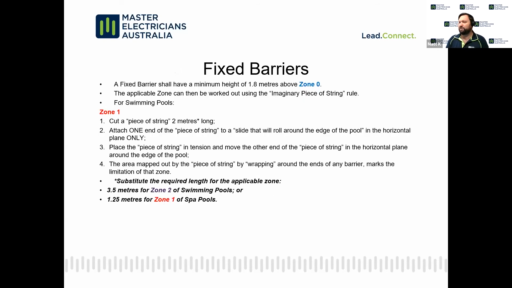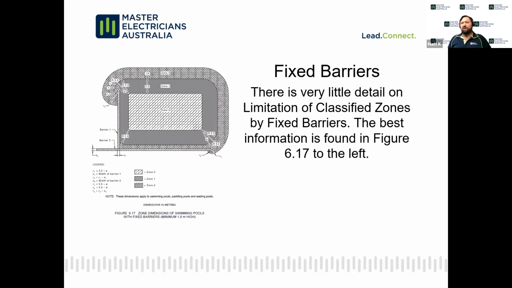Oh, one thing I forgot to mention there. Okay, there is a note in there under spa pools and tubs. There's a note there that a lot of us miss, and it's electrical equipment installed behind a fixed panel that provides a degree of protection not less than IPX4, to which access may only be gained by the use of a tool, would not be considered to be in a classified zone.